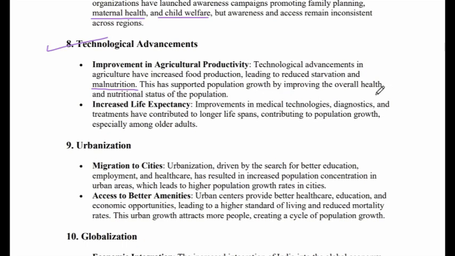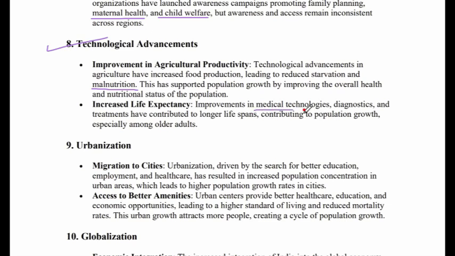Because of higher food production, reduced starvation and malnutrition, and higher protein intake, the overall health and nutritional status of the population has improved.